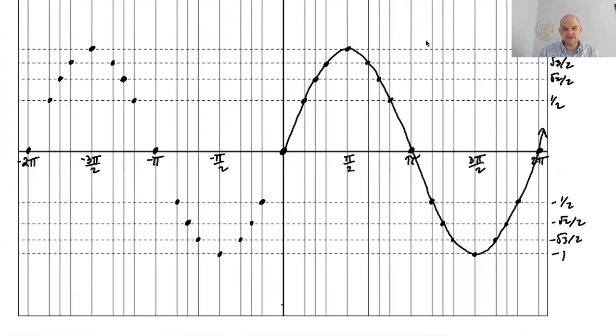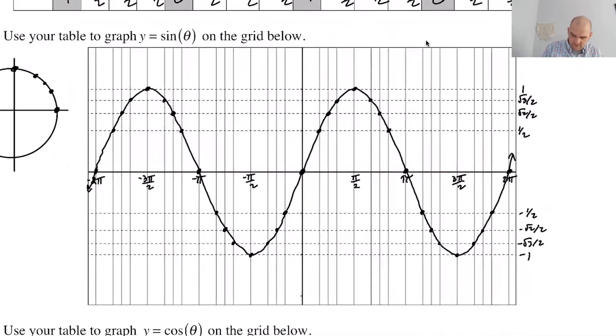So we get this. Now I feel like I could kind of cheat and just copy that, but I'm not going to. I really wanted to though. A little shaky going this way. Go here and then up. So if you're not sure what to do, it's not perfect, but aim for something that's kind of like a parabola. So this is our graph of y equals sine of x.